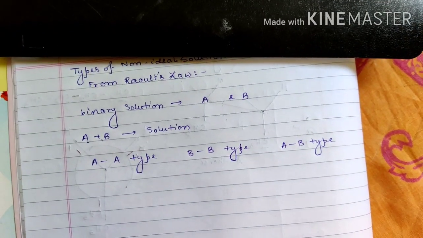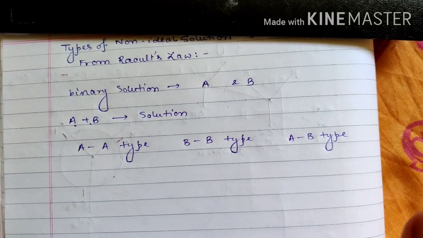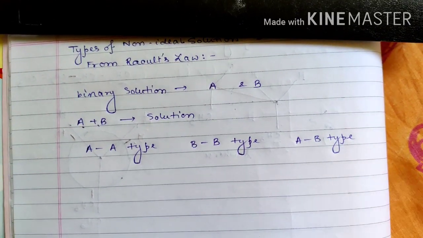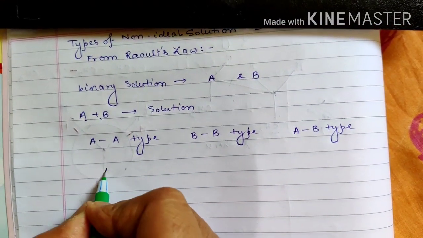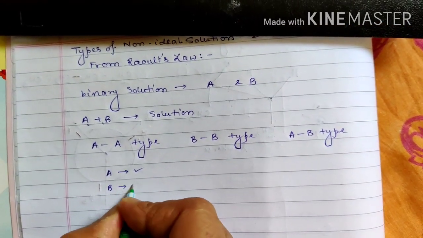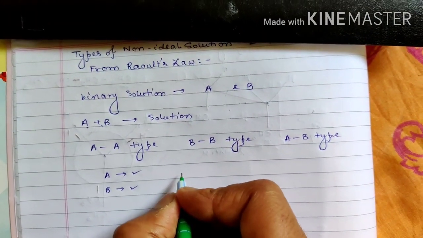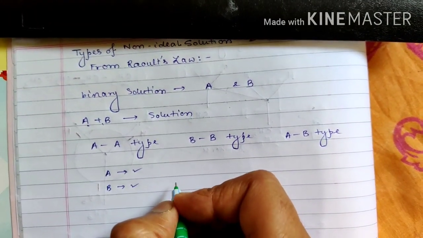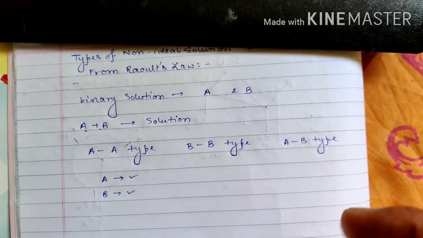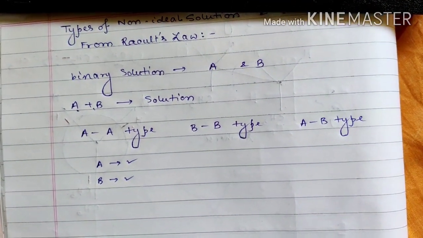Now, when two liquids form the solution, here we are talking about the liquid-liquid case, remember. A can give rise to vapor pressure, B can give rise to vapor pressure, and after mixing, the solution will also give rise to vapor pressure. Now, we have to see what will be the total vapor pressure expected after mixing.